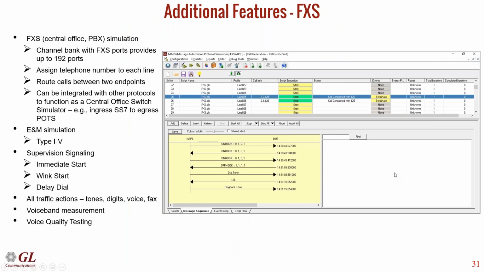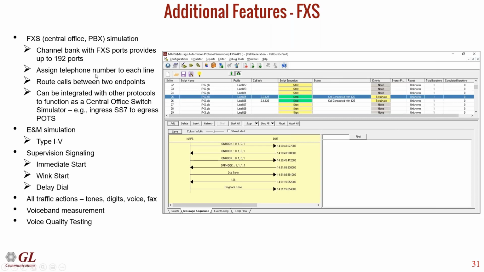And the very last slide for today's presentation, as Rob mentioned earlier, we can also do FXS, so we can simulate being a central office or a PBX. We have FXS ports on that channel bank, again up to 192 FXS ports. And we can do the basic functions.